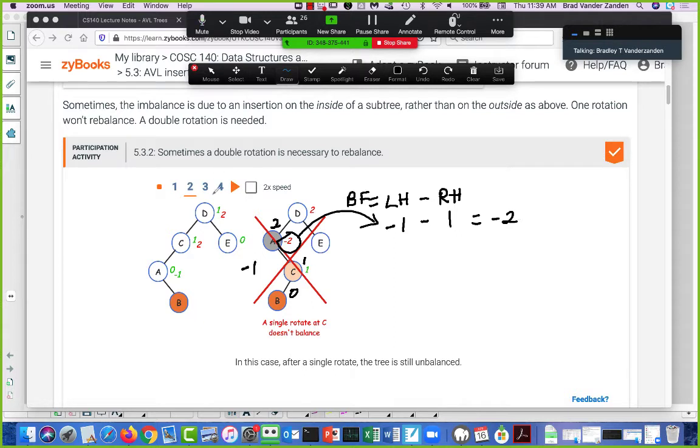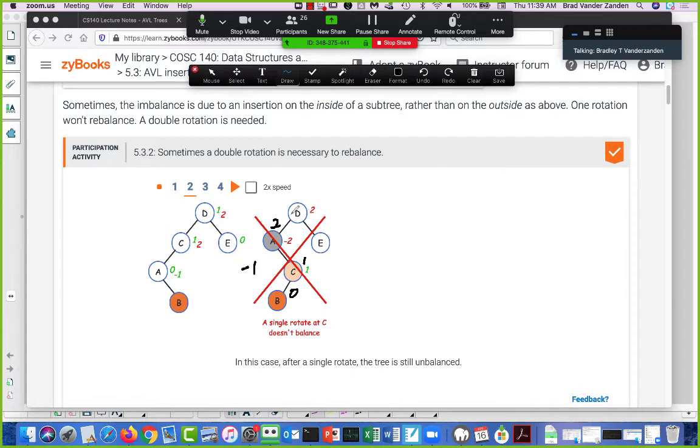And D's balance factor is +2, because balance factor equals left height minus right height, so that's 2 minus the right height, which is 0, equals 2. And that's why this balance factor is +2.